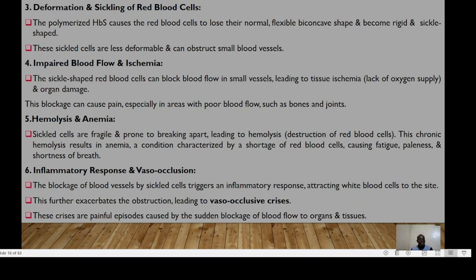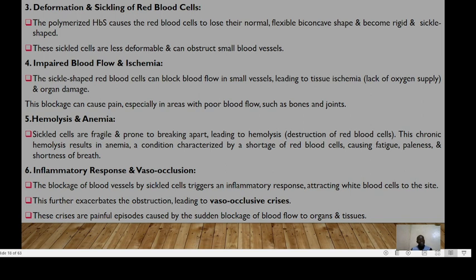That leads to number six, which is hemolysis and anemia. These sickled cells are very fragile and prone to breaking apart, leading to hemolysis, which is the destruction of RBCs. This chronic hemolysis results in anemia, a condition characterized by a shortage of erythrocytes, causing pain, paleness, and shortness of breath.